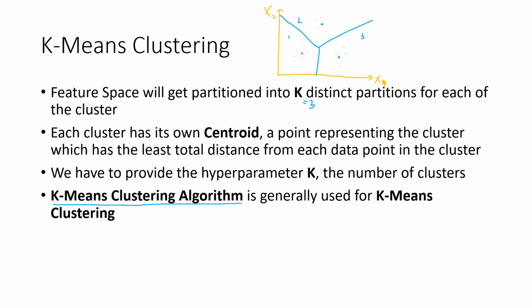K-means clustering means you are making an assumption that you are dividing the multidimensional space into K clusters. That is the idea of using K-means clustering. So how do we find these K clusters for the given data set? That is an algorithm that we have to use. One of the algorithms that you can use is the K-means clustering algorithm.